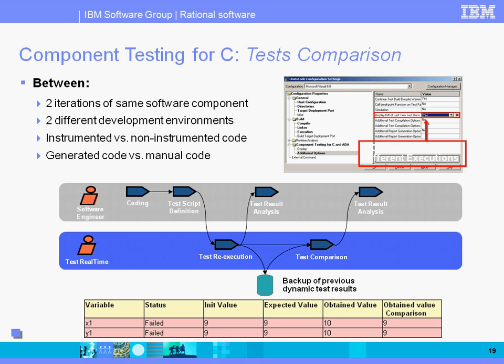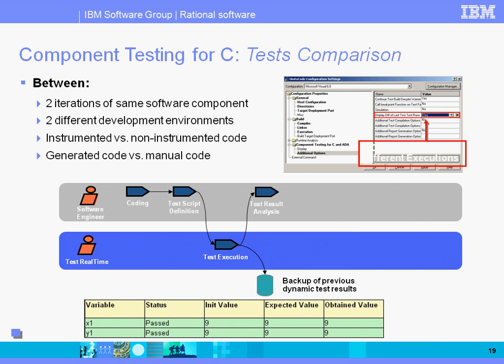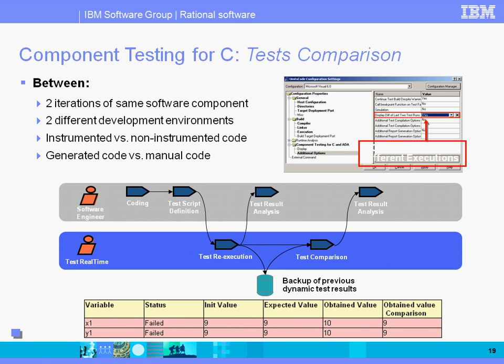If you look at this expected value and obtained value comparison, that is the earlier execution, right? The obtained value is 99. Now after the second time execution, we got a different obtained value, which you can see for the comparison.